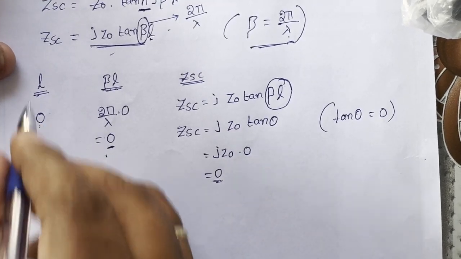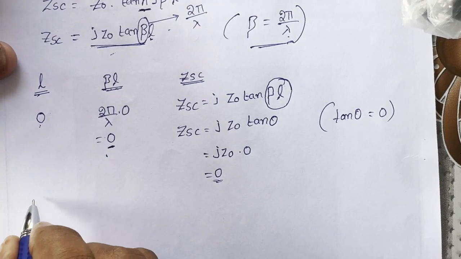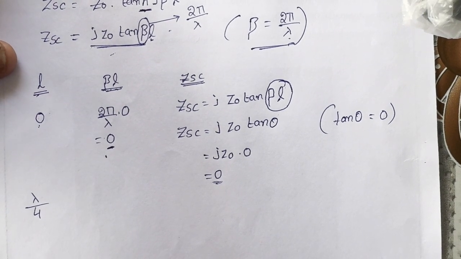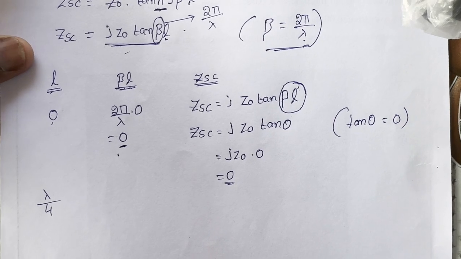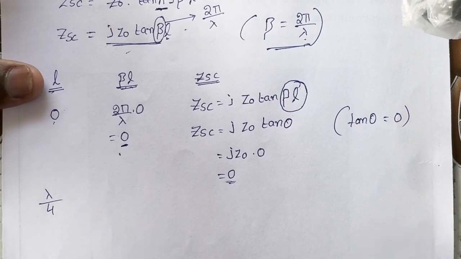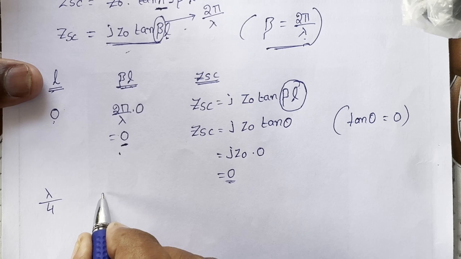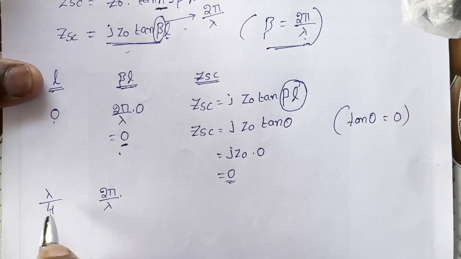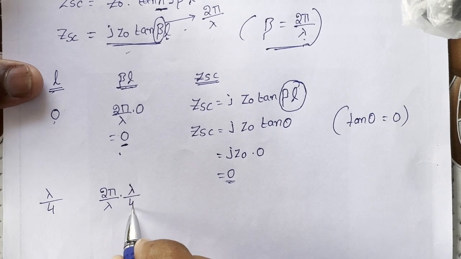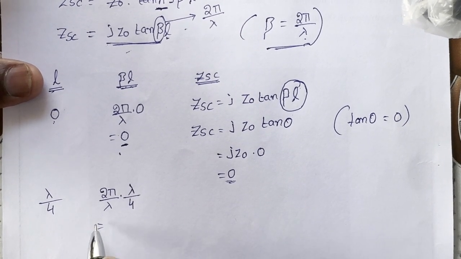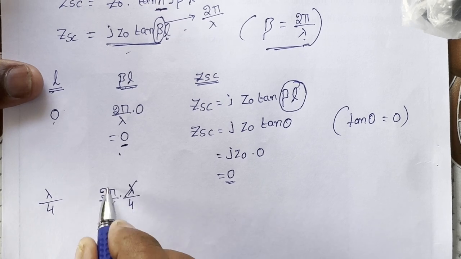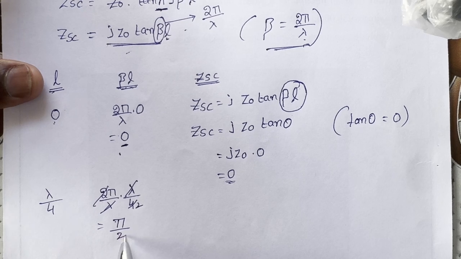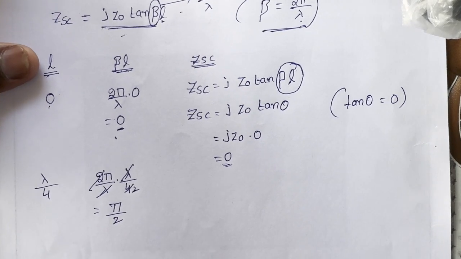Now I am assuming the L value as lambda by 4. Now the length of the transmission line is lambda by 4. Then beta L becomes, beta is nothing but 2 pi by lambda into L, which is lambda by 4. Here lambda gets cancelled, 2 and 4 cancel, and we are getting pi by 2.